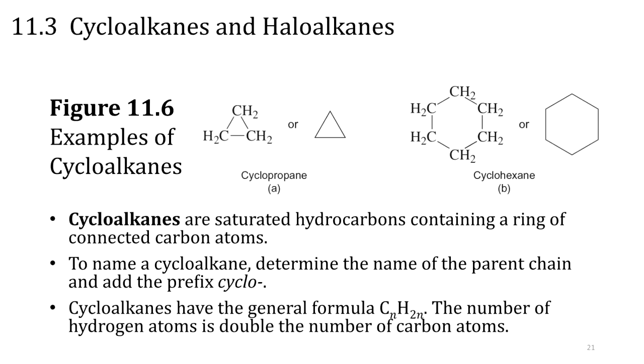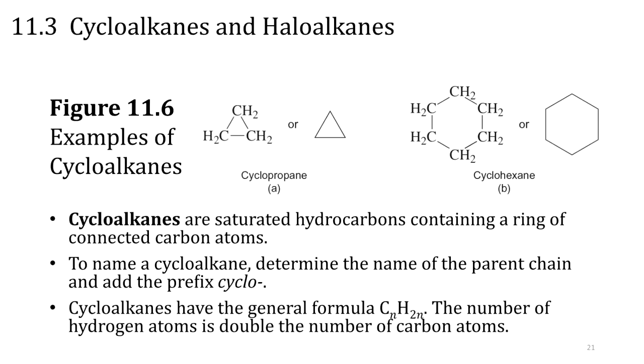Now, one thing you'll notice if you go through and count up your hydrogen atoms is that without the terminal CH3 units, we have fewer hydrogens. So cycloalkanes have the general formula CnH2n. This contrasts with linear alkanes, which are CnH2n+2. The number of hydrogen atoms is simply double the number of carbon atoms in the simple cycloalkanes.